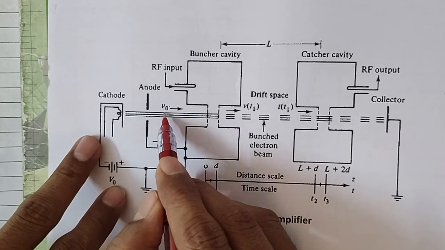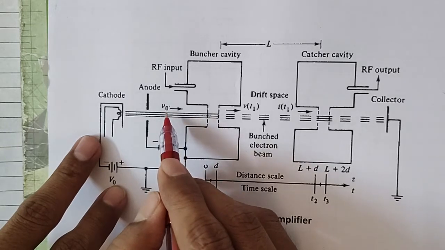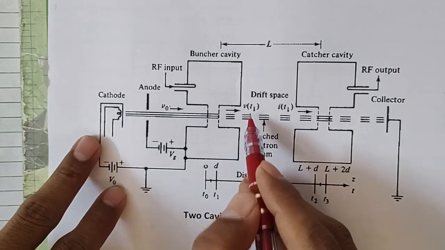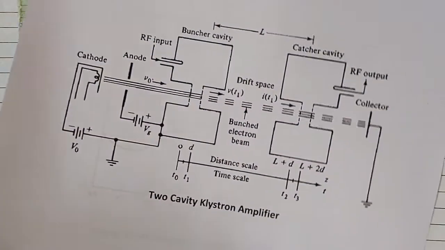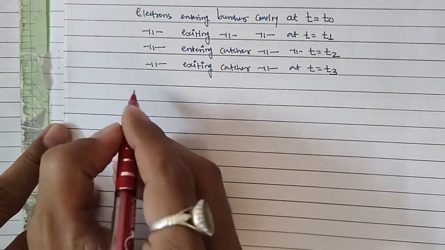Rather, this is velocity, so it is actually 0.593 into 10 to the power 6 under root V0. So to that DC voltage V0, we will add the average microwave gap voltage, and we'll get the velocity modulated equation.